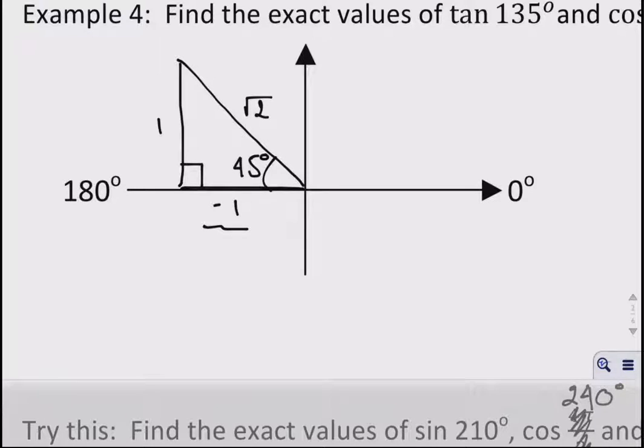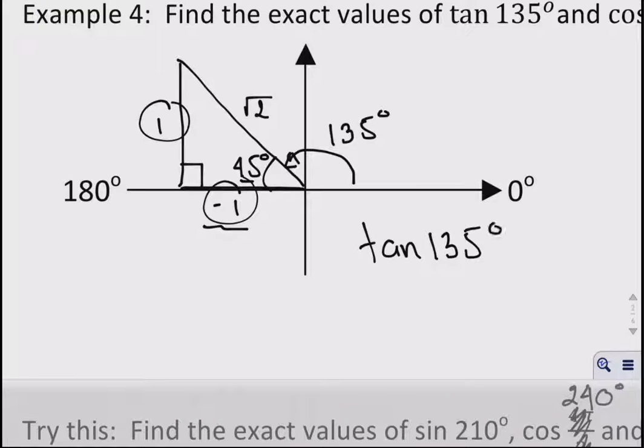The y is positive and the hypotenuse is positive as well. This angle here is 135 degrees. My reference angle is 45. Tangent of 45 in this case is opposite over adjacent, and I get tan of 135 equals negative 1, or 1 over negative 1, which is just negative 1.